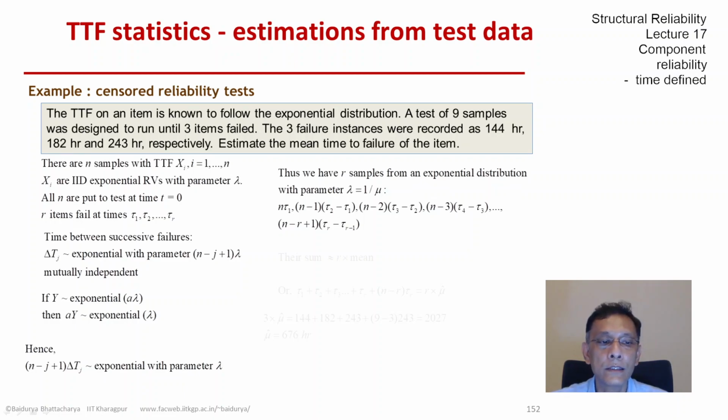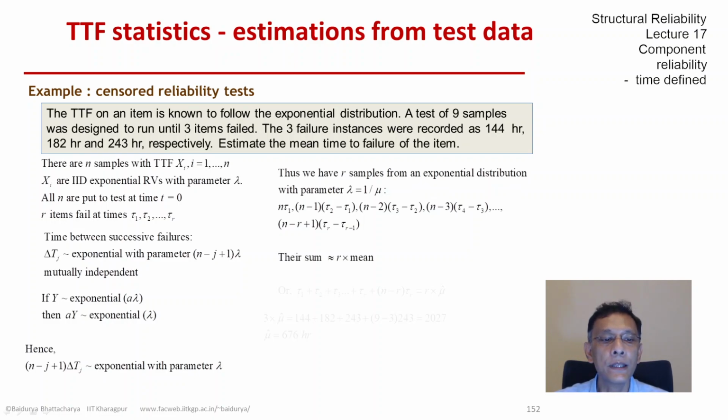That's how we have n tau 1, which is the time to the first failure; n minus 1 times tau 2 minus tau 1, which is the time between the first and second failures; n minus 2 times tau 3 minus tau 2, which is the time between second and third failures, and so on, until n minus r plus 1 times tau r minus tau r minus 1. So each of these terms is a realization of an exponential random variable with the same parameter lambda.